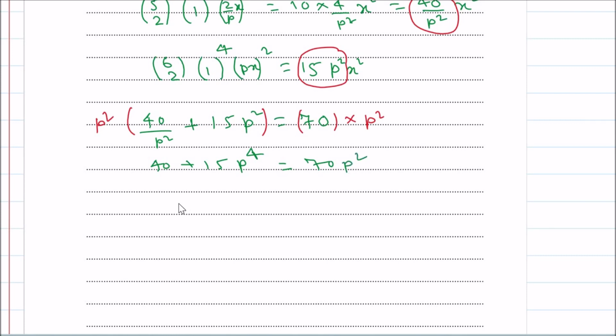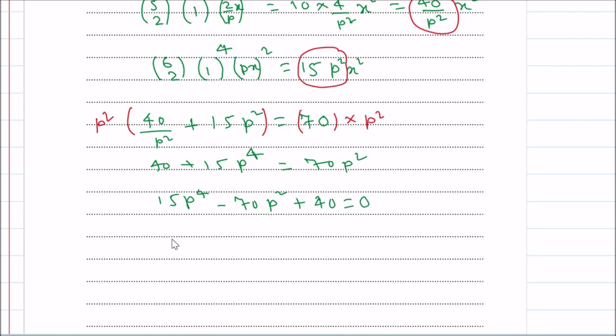Now let us bring all the terms to one side and make the right side equal to 0. So we get 15 p4 minus 70 p square plus 40 equal to 0.